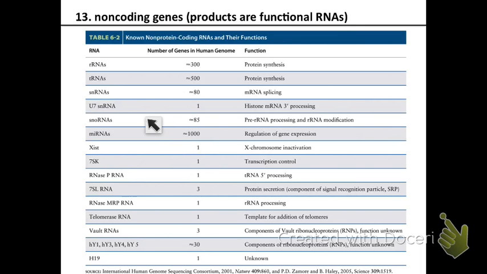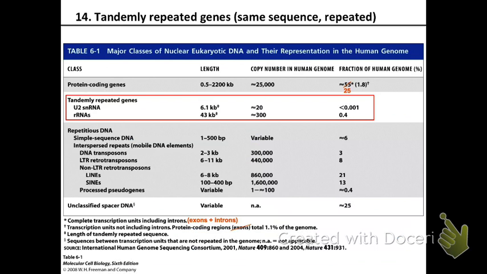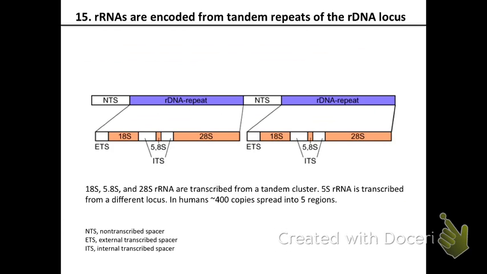All right, so some of these non-coding genes, especially ribosomal RNAs, are transcribed from a locus that has many, many repeats. These are what we call tandemly repeated genes, like the ribosomal RNAs. For ribosomal RNA, you find hundreds of copies in the genome. This is a little cartoon of the rDNA locus.